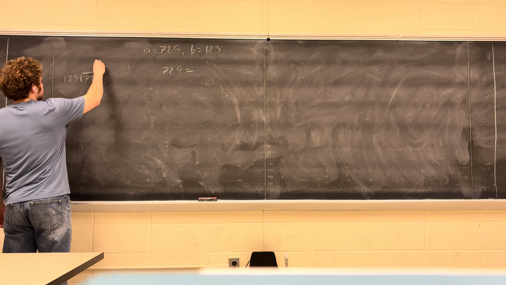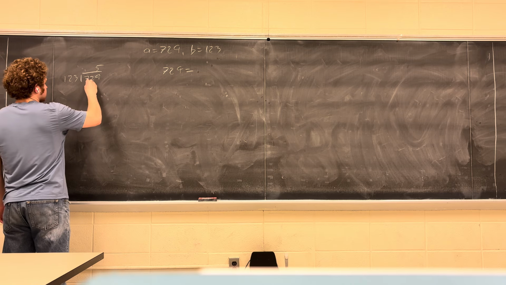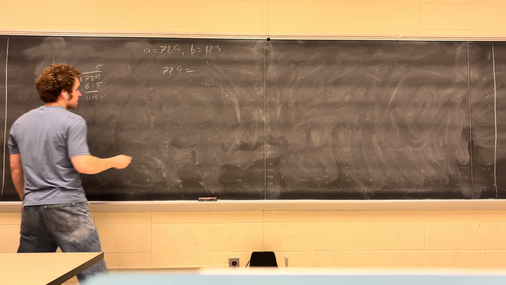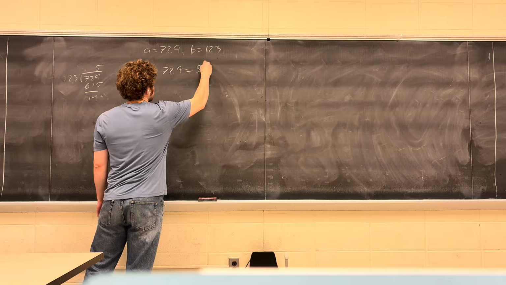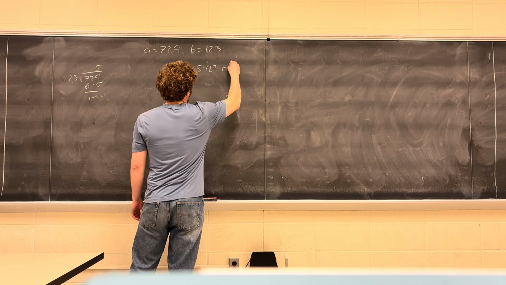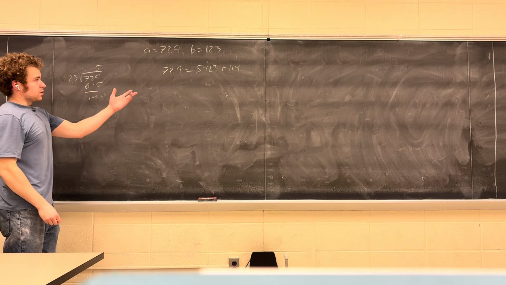It should go in, I believe, 5 times. Let's see, 500 plus 115, which is 615, gives us 114. So it's 5 times 123 plus 114.